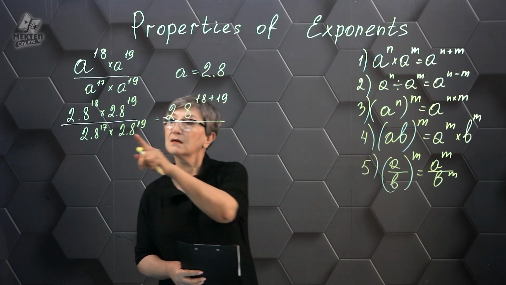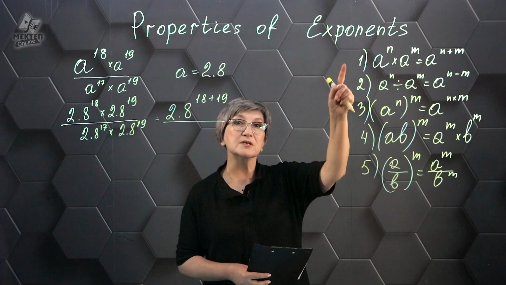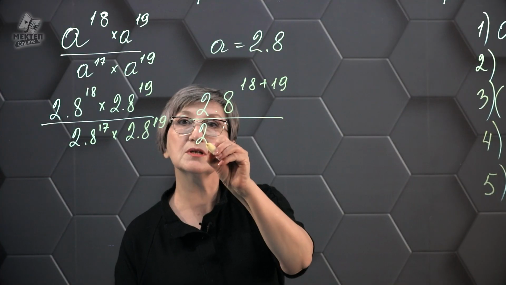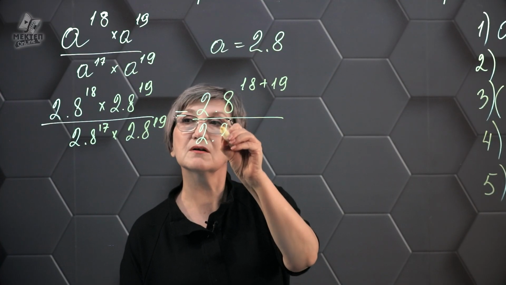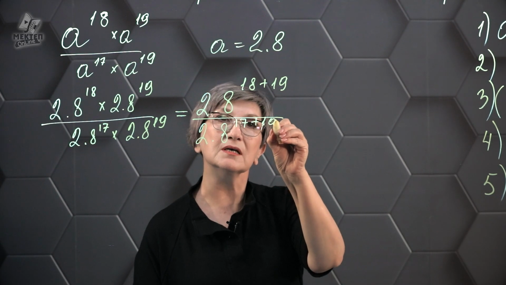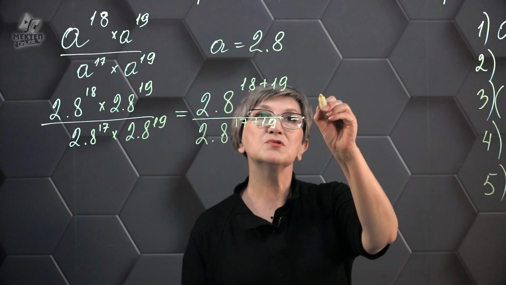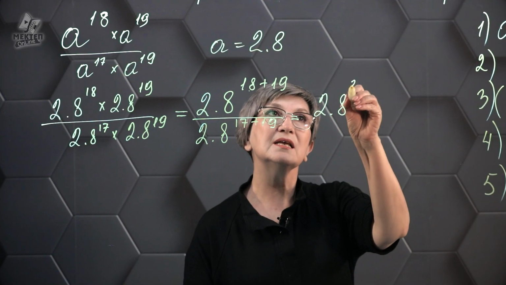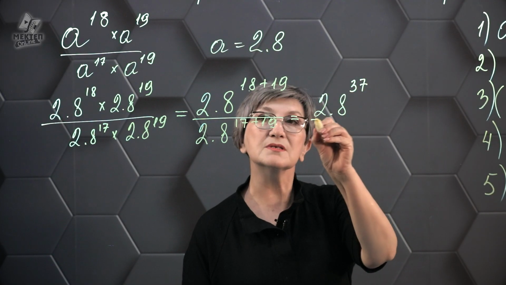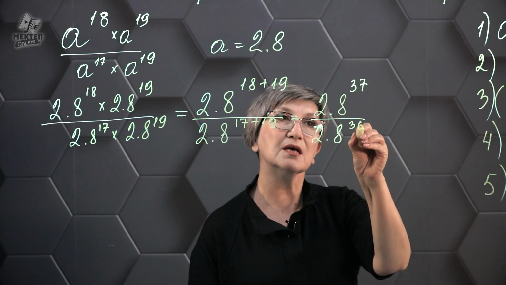In the denominator, we also have a product, so we also use the first property. The result is 2.8 to the power of 17 plus 19. In the numerator, 18 plus 19 is degree 37, and in the denominator, we have degree 36.